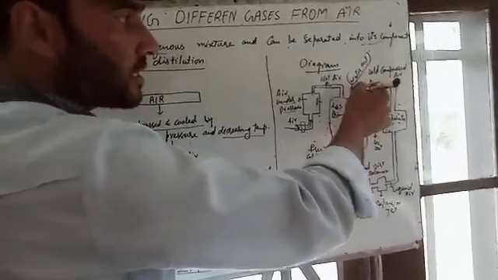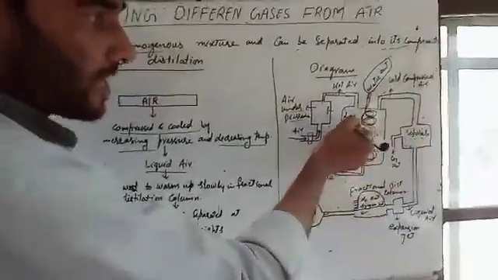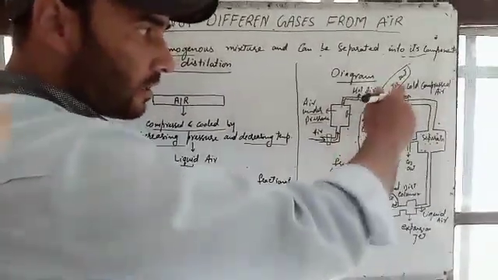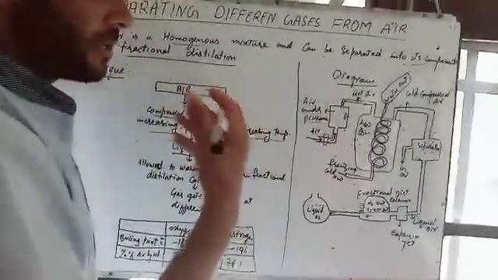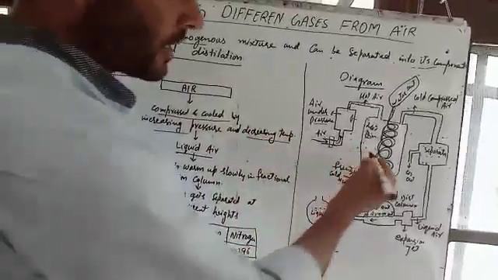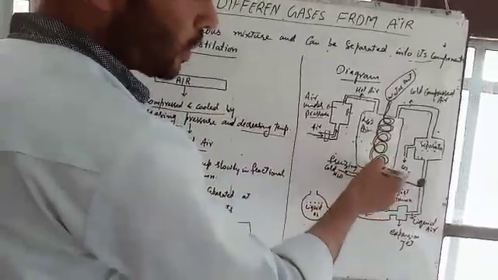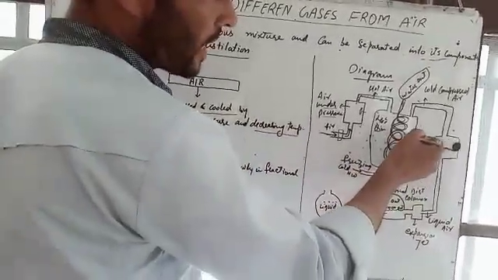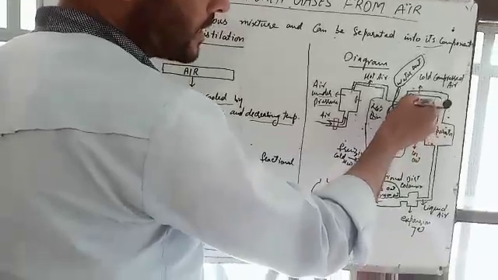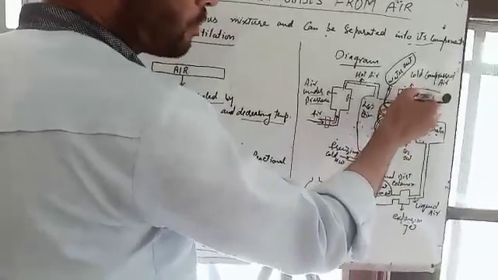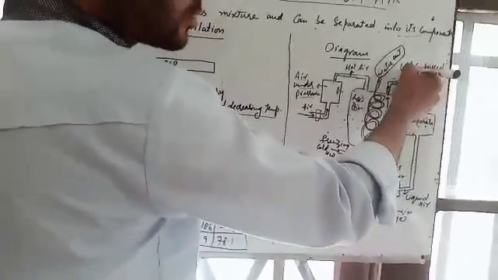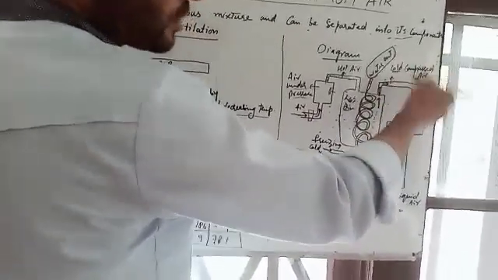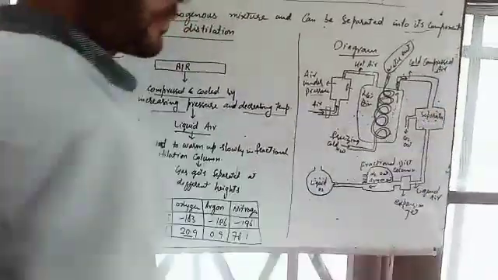Then the water is released out. When the temperature of the hot air is lowered, this cold compressed air is passed through a pipe to the separator.